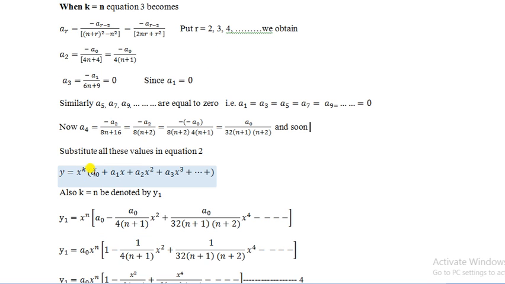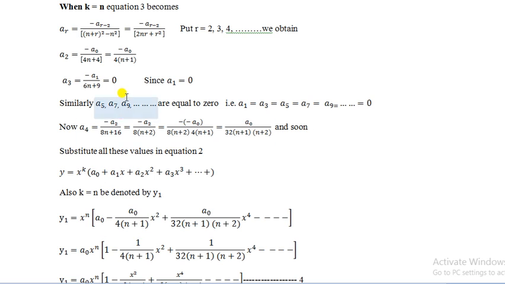And here x is equal to k. So here we use the k value as n, so take the power of x as k, sorry, the power of k becomes n, so x raised to n. Our first term is a naught; you have to write the a naught term as it is. The next term is a1, and you know that the value of a1 is 0.